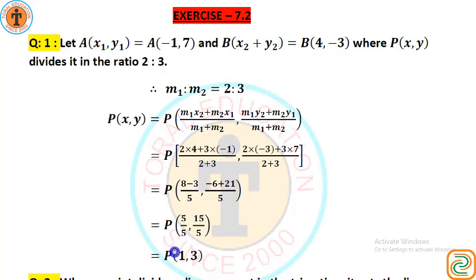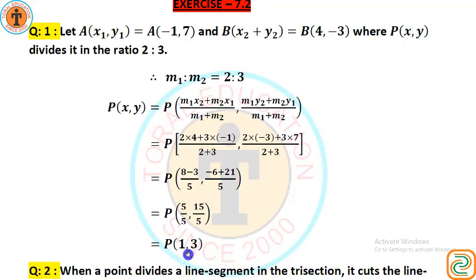So 8 minus 3 equals 5 and 21 minus 6 equals 15. So 5 upon 5, 15 upon 5. So P(1, 3) are the coordinates of point P which divides AB in the ratio 2:3.